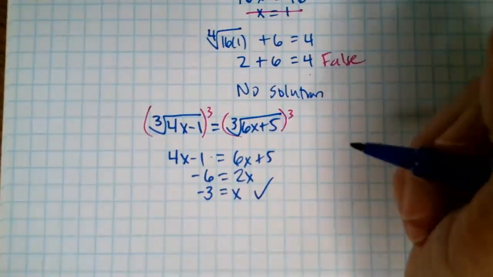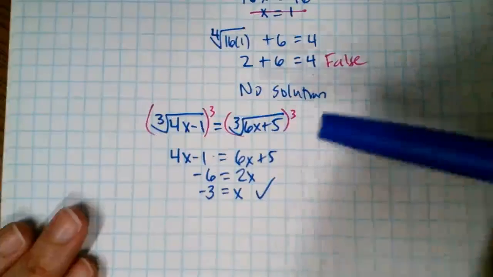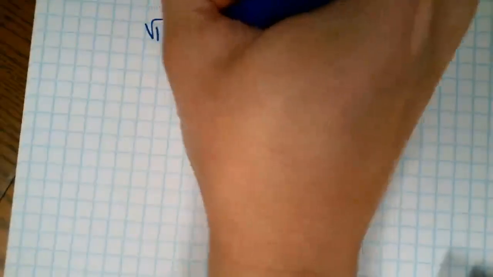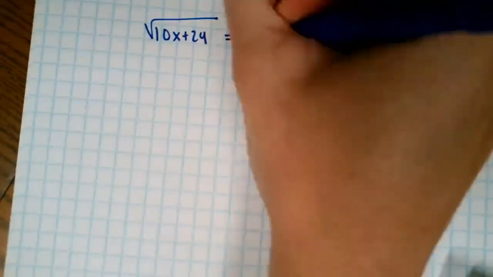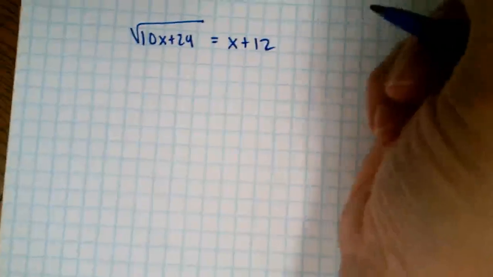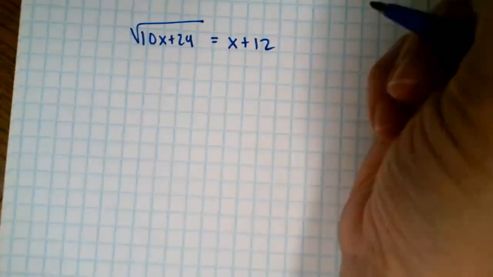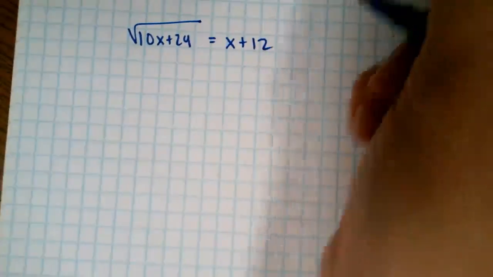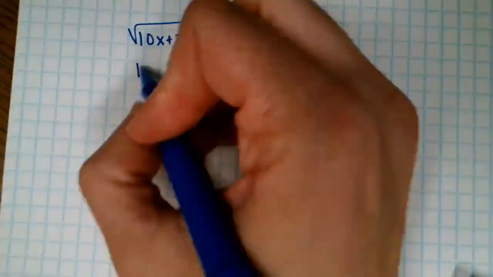If I had a problem where I have a binomial on one side, I isolate my radical, and I have this binomial on this side. You guys had some like this that we practiced. We square both sides.